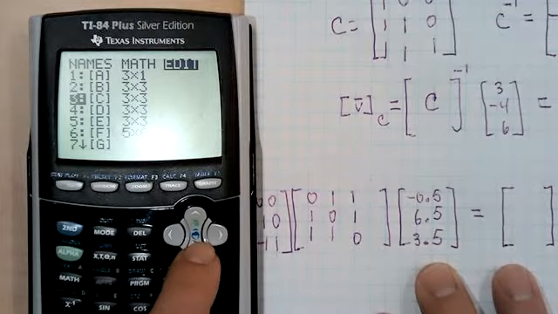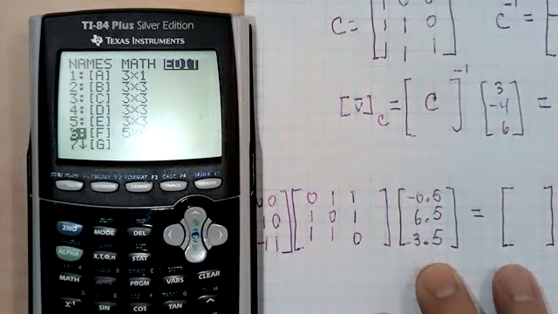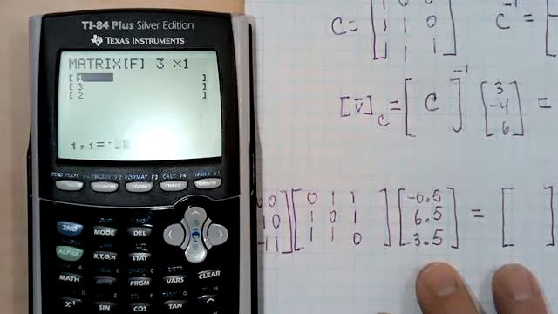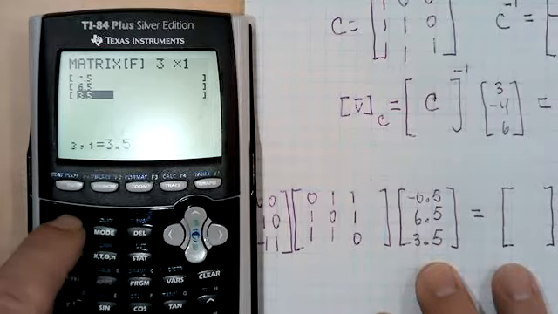I don't want to put that in C. Why don't I put it in something I'm not using, F. So that'll be 3 by 1 and minus 0.5, 6.5, 3.5, that's F.